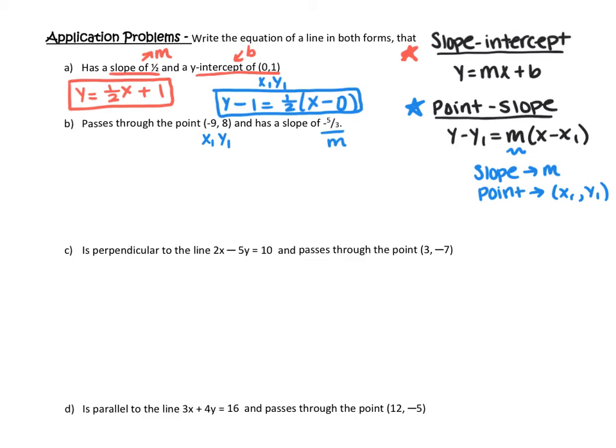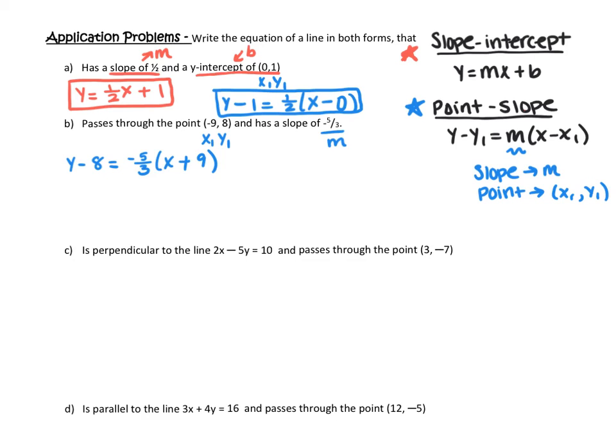So I have y minus y1 equals m, which is negative 5/3, x minus x1, but x1 is a negative 9, so x minus a negative 9, that's a double negative, we can make this plus 9. So that's actually our answer.